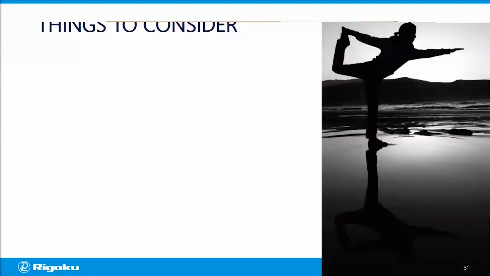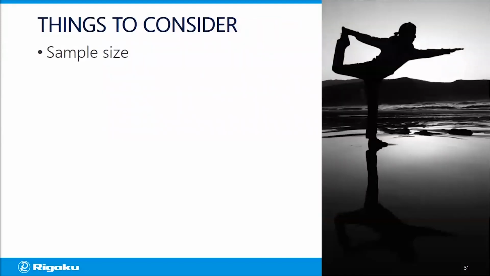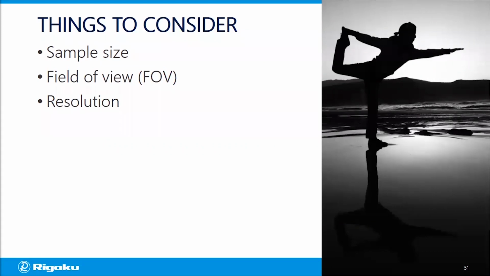So there are a couple of things to consider. One is the sample size. And usually the sample size is close to the field of view, or FOV. And the FOV more or less dictates what kind of resolution you can get. And that resolution would tell you what kind of geometry to use, meaning either the cone beam geometry or the parallel beam geometry.